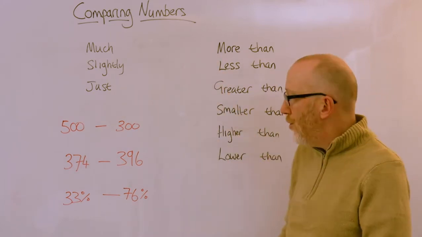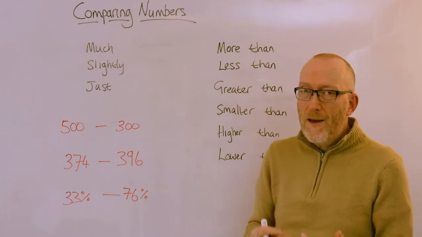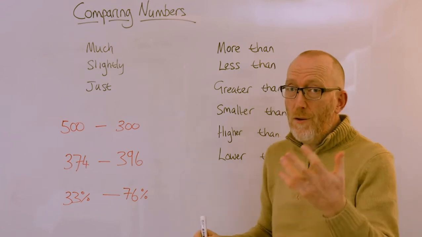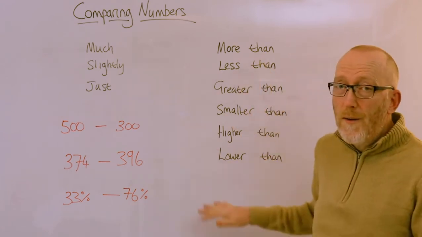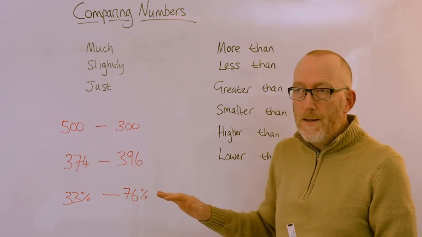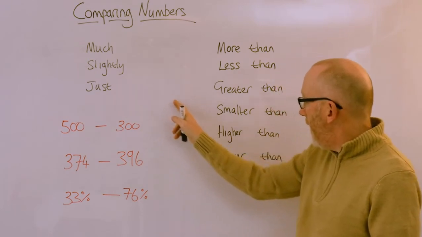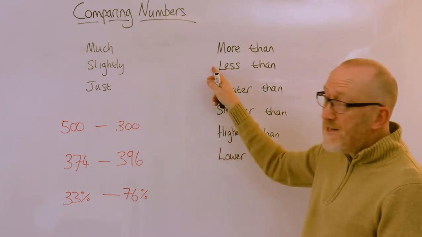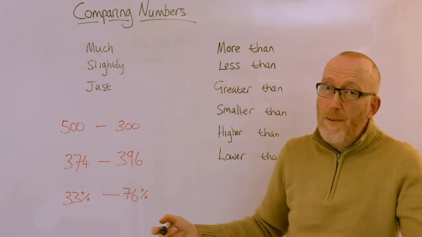Bear in mind that you'll perhaps make 2, maybe 3 comparisons in your task 1 of your IELTS. So you're not going to be reusing this vocabulary. You might make one slightly higher than comparison, followed by a just less than comparison, and a much greater than comparison.